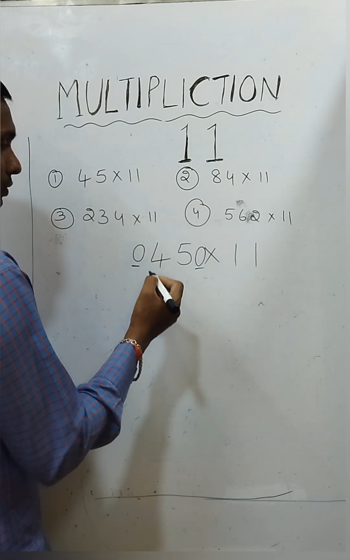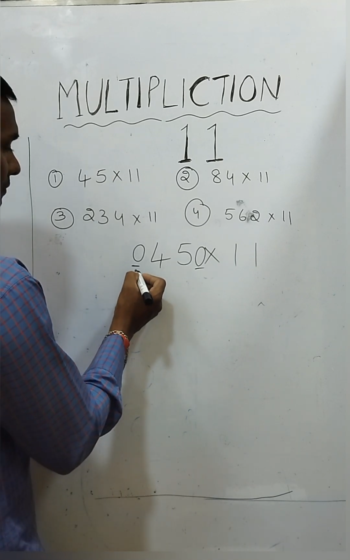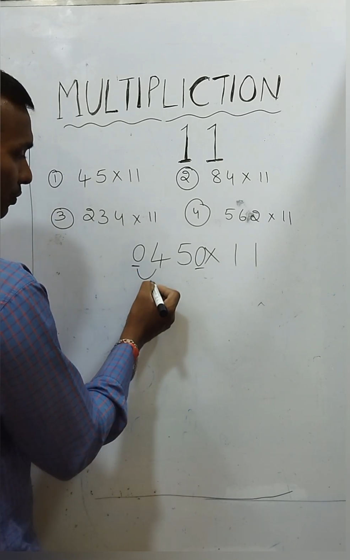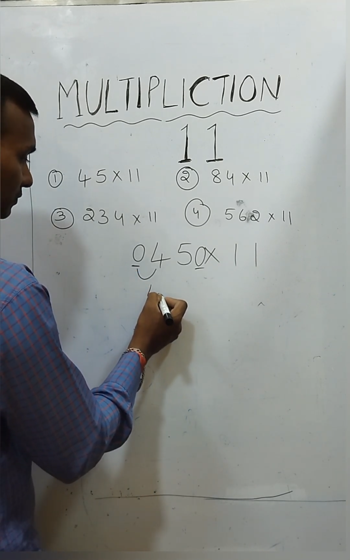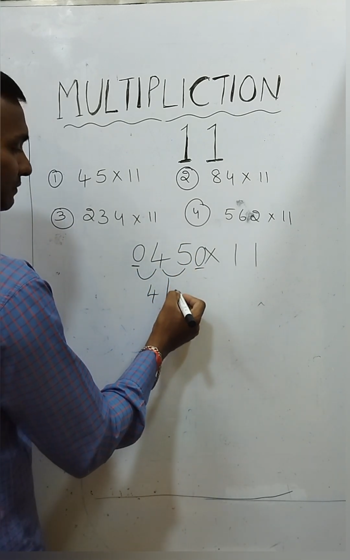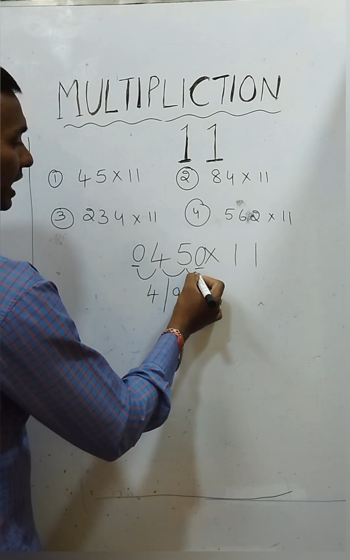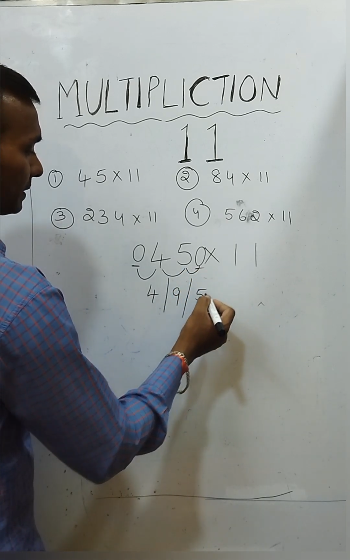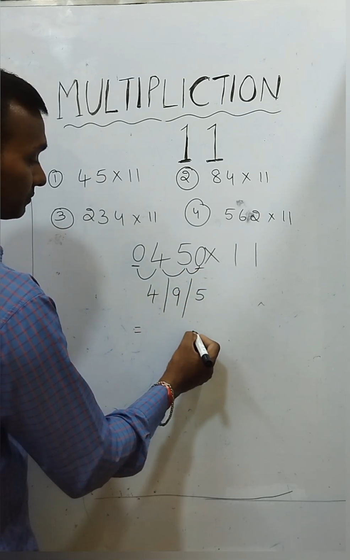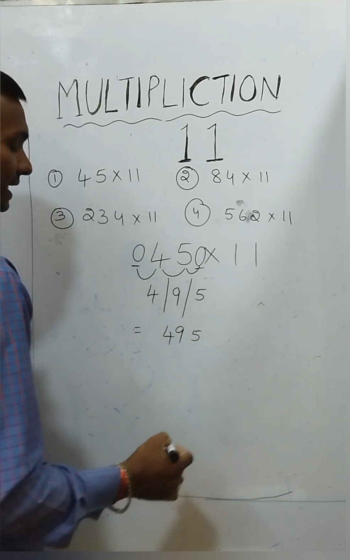In the first step 0 plus 4 becomes 4. 4 plus 5 becomes 9. 5 plus 0, 5. Now we will write the final answer: 5, 9, 4. 495.